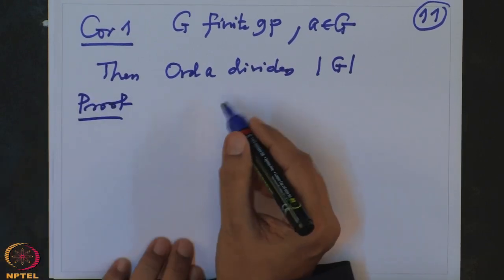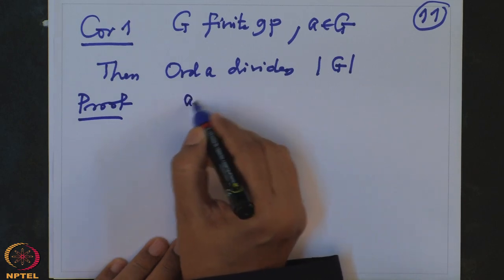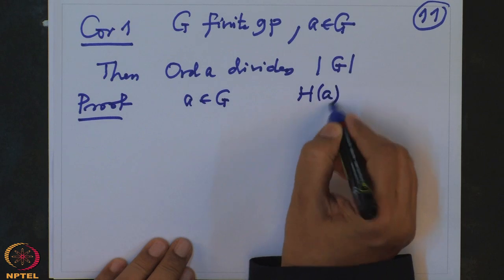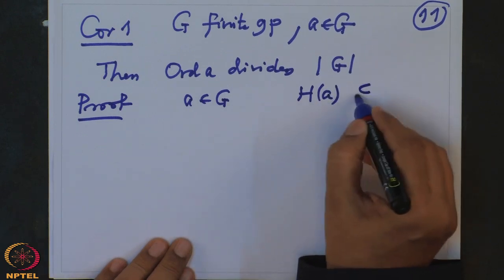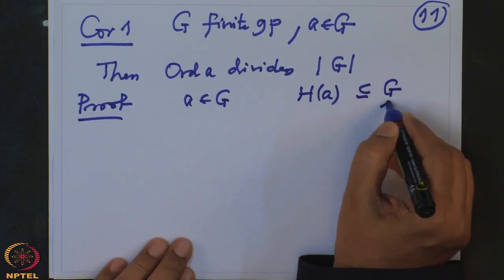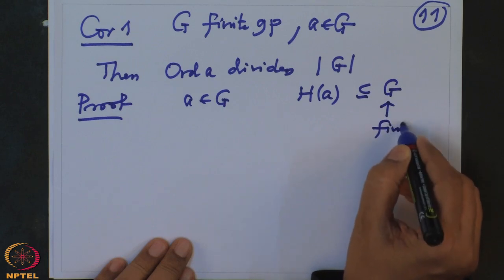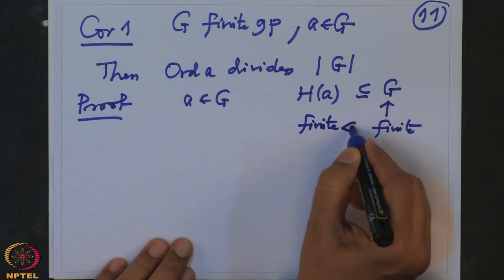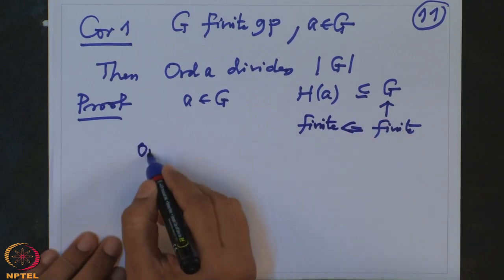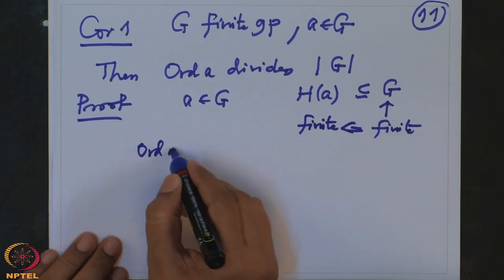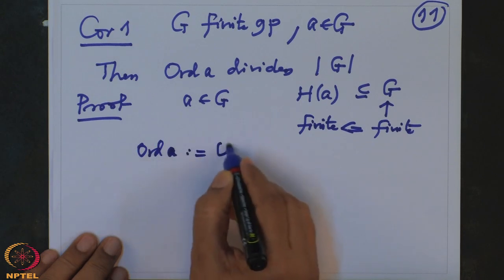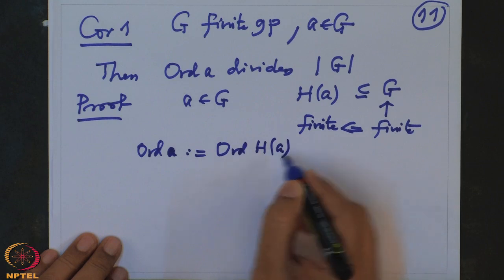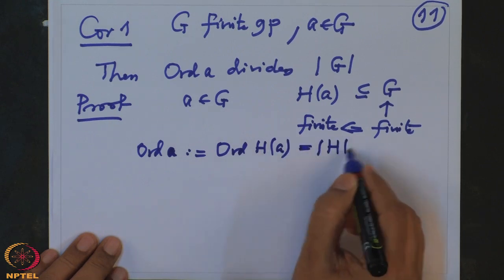What is the order of A? Given any A in G, we form the subgroup generated by A, which is H(A), and G is finite, given. Therefore, every subgroup is finite. Therefore, the order of A is by definition the order of H(A), the cardinality of H(A).